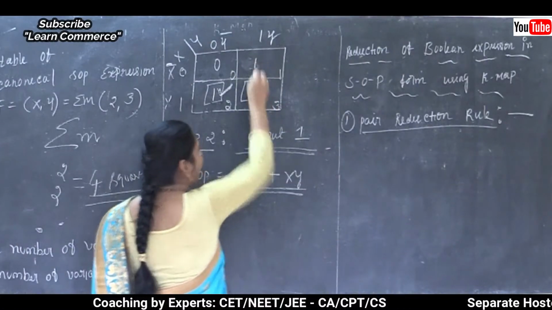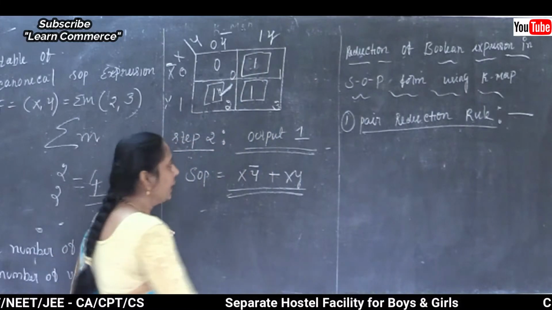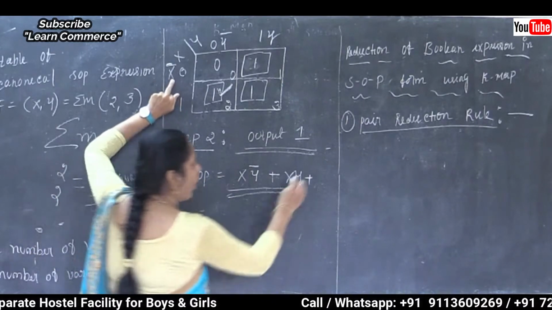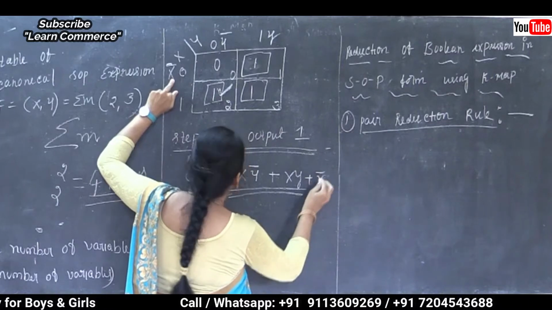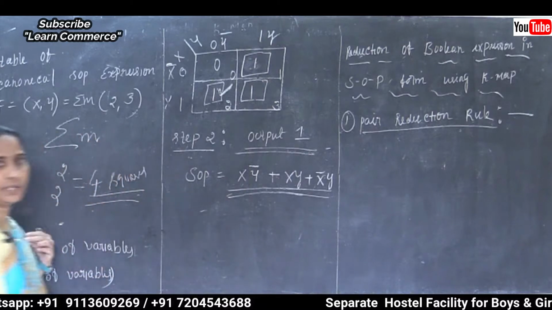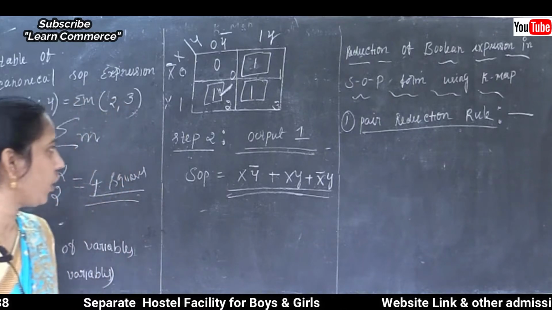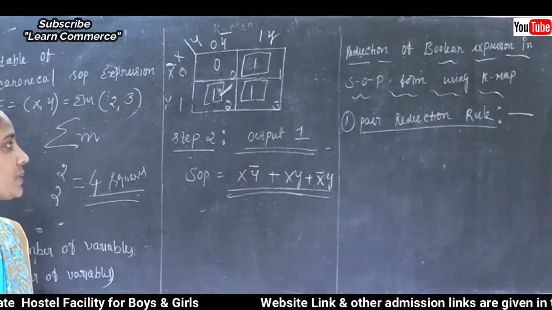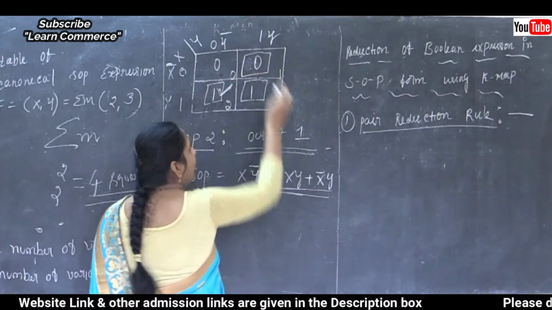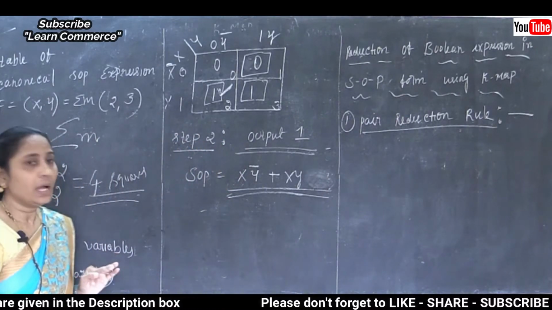If any value is 1, first of all we need to mark it, and next we take the left side value, complement of x, and the upper side value, that is y. Now this is the answer. So the final answer of the SOP is x and complement of y plus xy plus complement x and y. If the value is 0, then the result is only x complement of y plus xy.